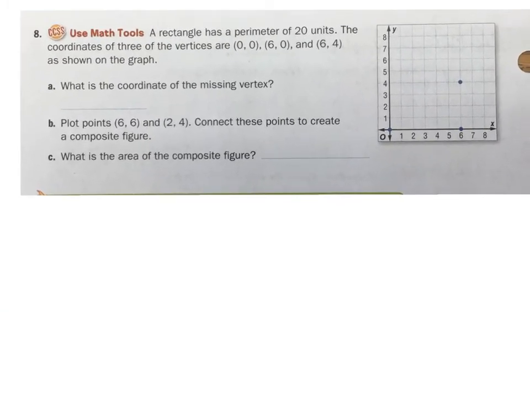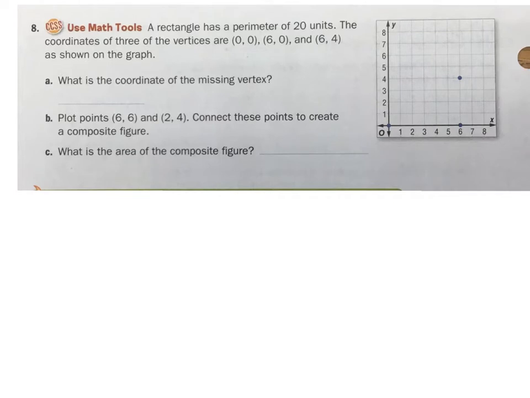Okay. A rectangle has a perimeter of 20 units. The coordinates of 3 of these vertices are 0, 0, 6, 0, and 6, 4, as shown on the graph. Okay, so let's find these.